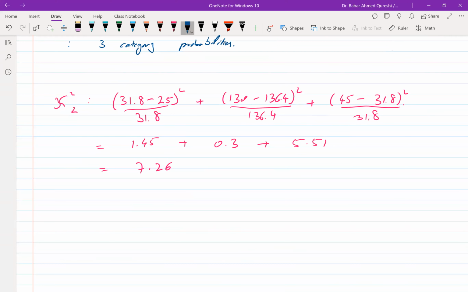Now I can check that, or maybe I can just directly compute the p-value. I have 2 degrees of freedom and my critical value is 7.26.